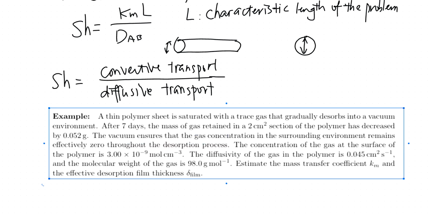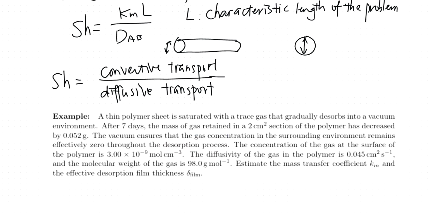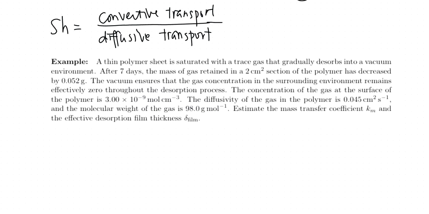A thin polymer sheet is saturated with a trace gas that gradually dissolves into a vacuum environment. So you can think we have a polymer sheet, and you have something dissolving into the vacuum. So this is vacuum.